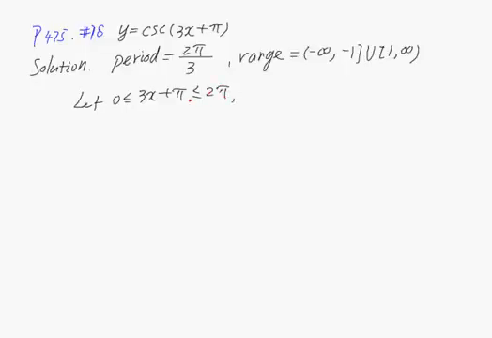Then we subtract pi from each part, and we get negative pi less than or equal to 3x less than or equal to pi. Then we divide each part by 3, and we get negative pi over 3 less than or equal to x, which is less than or equal to pi over 3.